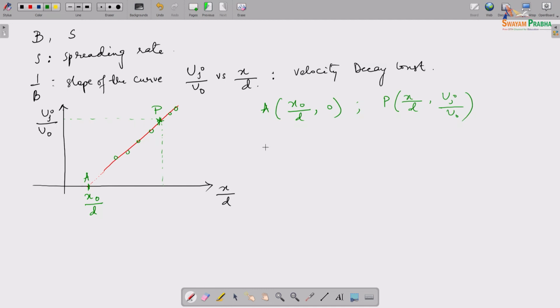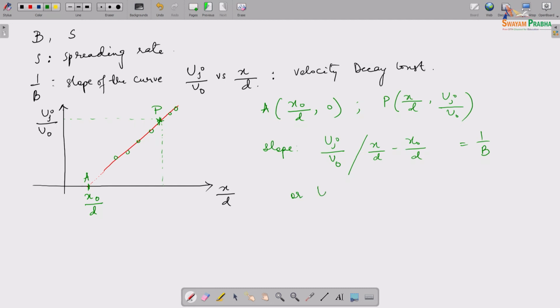Then the slope of the line is uj by u naught, divided by x by d minus x naught by d, and this is denoted as 1 by B. This is something that we had done earlier.